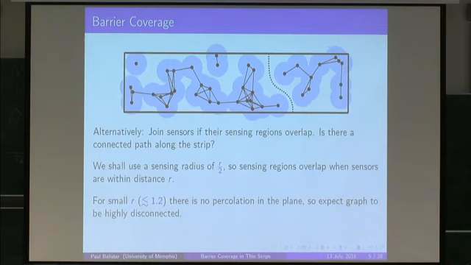So the graph basically becomes completely disconnected, so there'll be lots of crossing paths, and trying to stop the intruder will be hopeless. So we're typically going to want r to be noticeably larger than this.